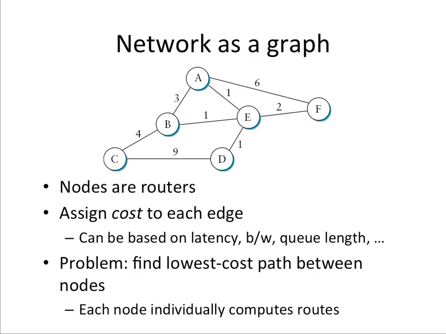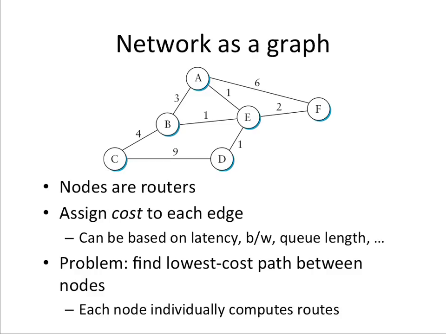So the routing problem is finding the lowest cost path between the nodes. That's the routing problem. There is one aspect of cost that is worth remembering. Some metrics, these are also called metrics, some metrics are additive.